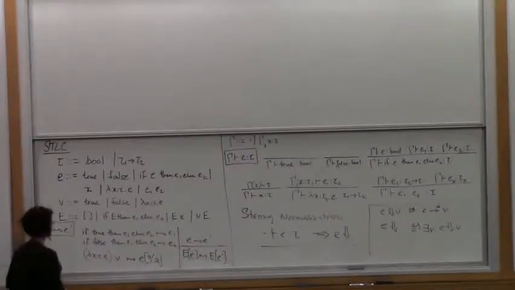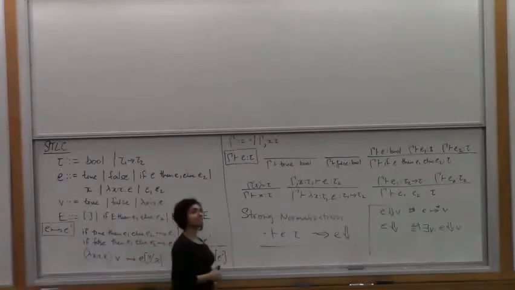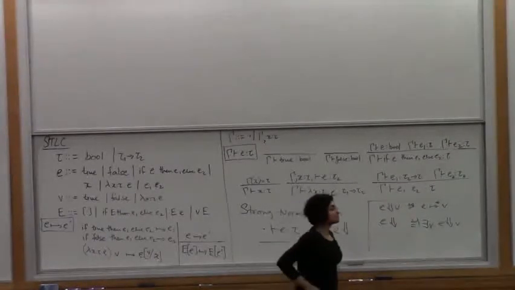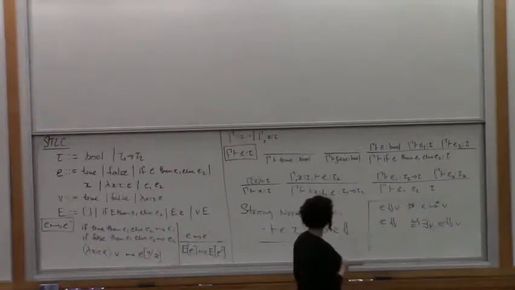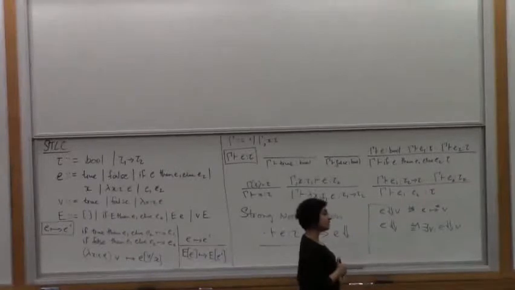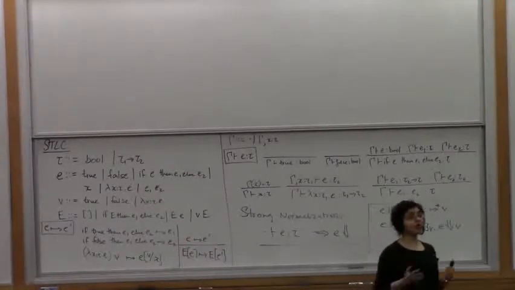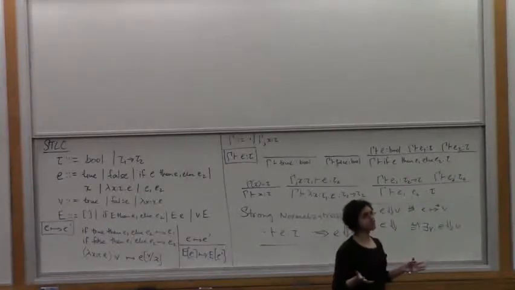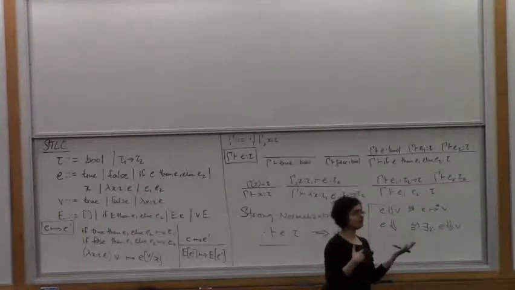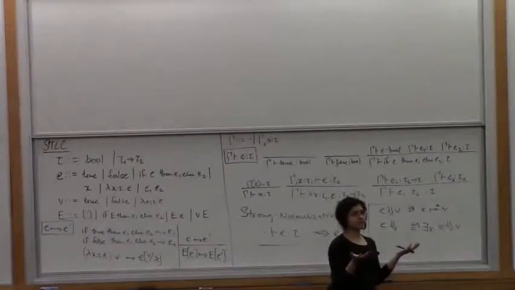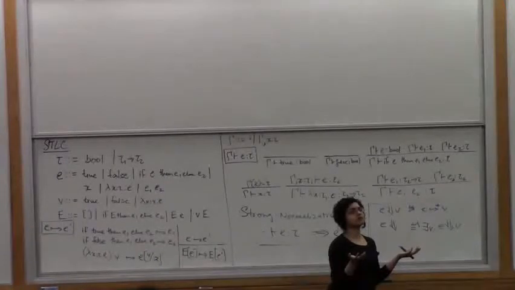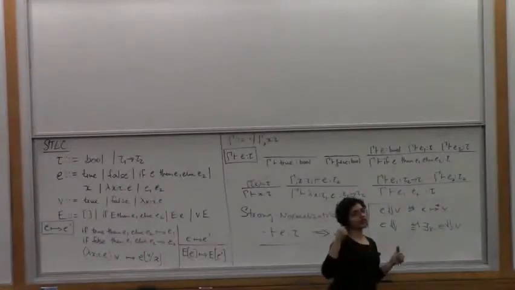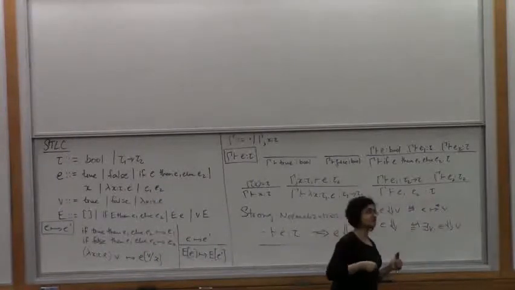Now, I'll let you stare at it for a second. Yeah? It seems like instead of strong normalization, because you are saying there exists a path to a value instead of all paths. No, weak normalization is when all paths reach the same normal form. So if E evaluates to V1 and E evaluates to V2, then V1 and V2 are the same normal form. Strong normalization is where you say that it must terminate.